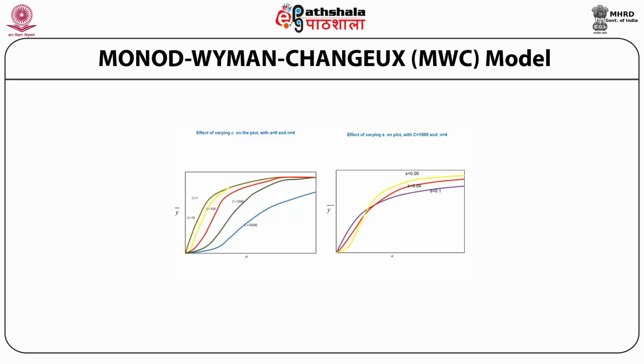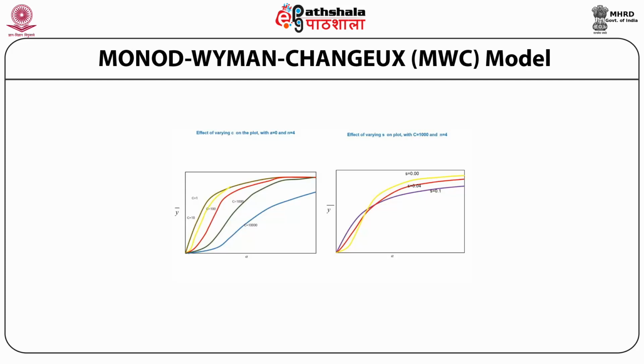But if you go to a very high C, it means most of the protein is in the tense form, and then you get a sigmoidal kind of curve. In the right-hand side plot, S basically tells you about the binding dissociation constant.